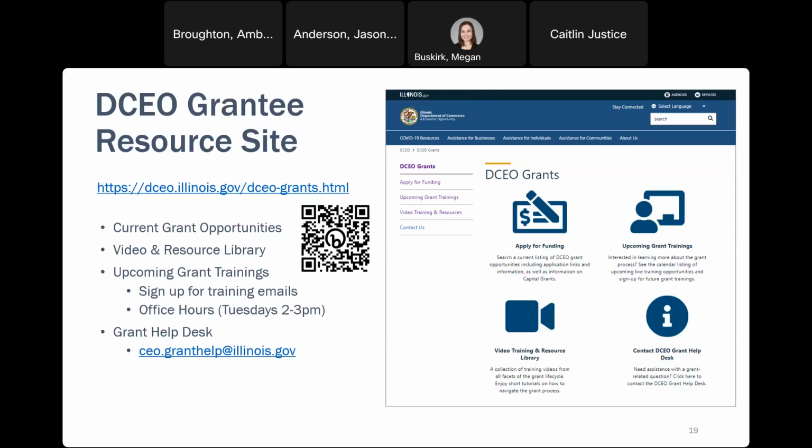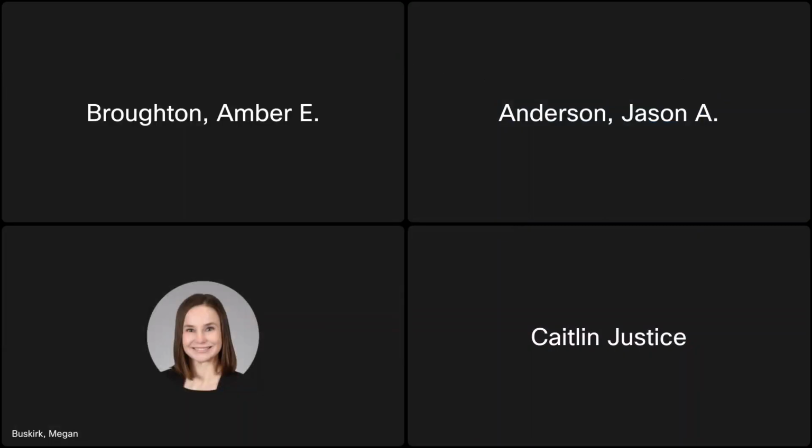So please email us and we will do our best to answer you or point you in the right direction. And yeah, that is our DCEO grantee resource site. And that is all I have for slides for today. I'll go ahead and stop sharing.